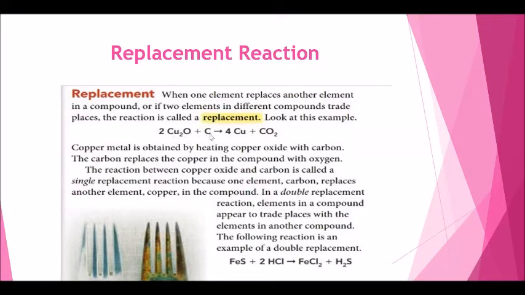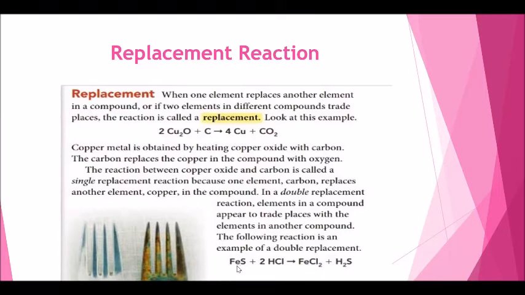Because carbon is only one type of element or one type of atom, it's called a single replacement chemical reaction. But if we have two types or two elements together and they replace each other, this one is called double replacement chemical reaction. Like we have FeS plus 2HCl equals FeCl2 plus H2S.